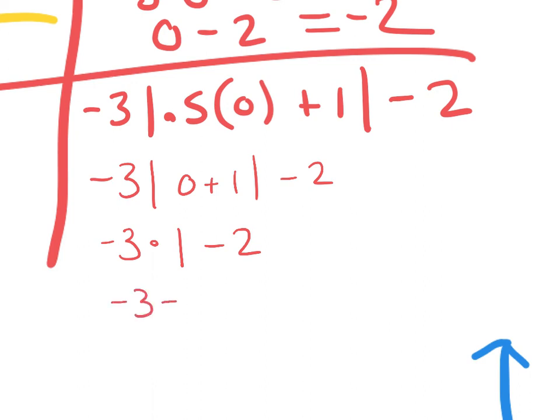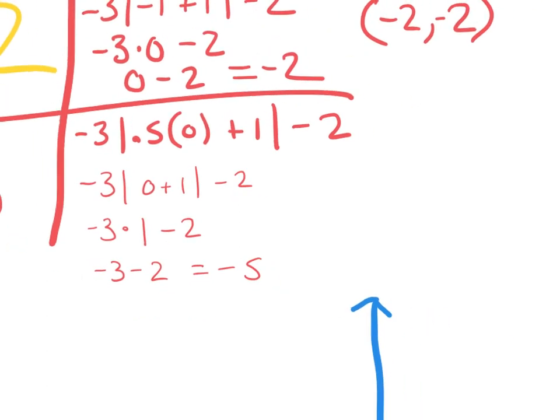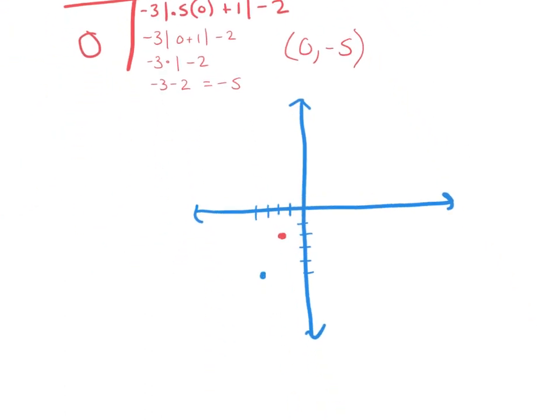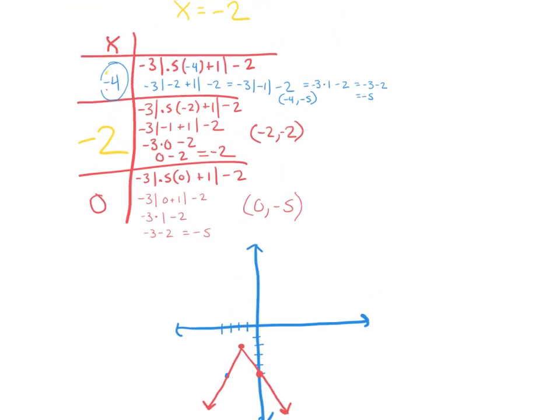And what's -3 minus 2? -5. So what's our coordinate point here? 0, -5. So we stay at 0 and go down 5. And then we connect our 3 points with the V. Any questions here?